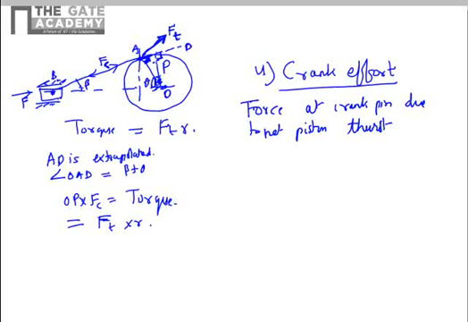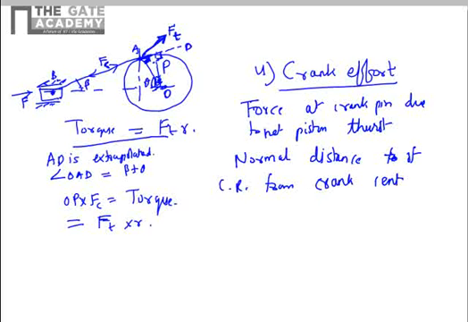So we saw that the torque will be equal to Ft into R, and also if you take the thrust along the connecting rod and multiply it by the normal distance, which is the shortest distance of the connecting rod from the crank center, that is this quantity OP, we will also again get the torque.